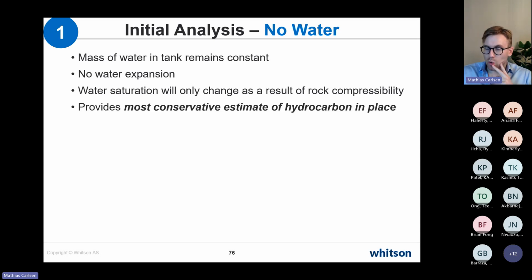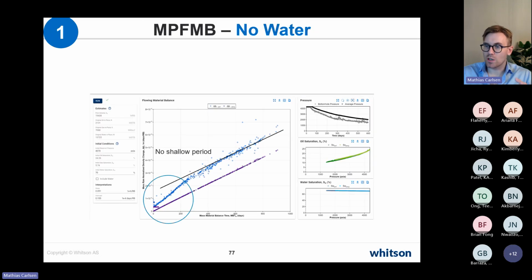So this will be kind of like a lower estimate. Again, when you go ahead and do the analysis, the nice thing about using this option, especially if you have questionable water data, is that it removes a lot of noise. So you see the signal is clear here because we typically care more about oil and gas. And there's also no shallow period early.